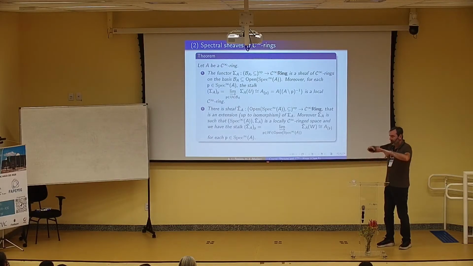Tipo, você pega um aberto qualquer, ele considera todos os abertos que estão por baixo dele. Então, abertos básicos estão por baixo dele. A gente sabe dizer quem deveria ser o feixe nesse aberto, é o pré-feixe original. E toma esse limite.